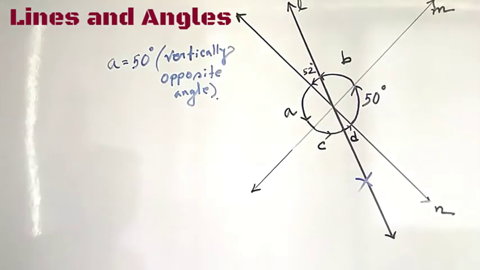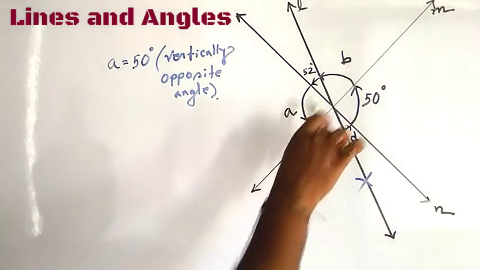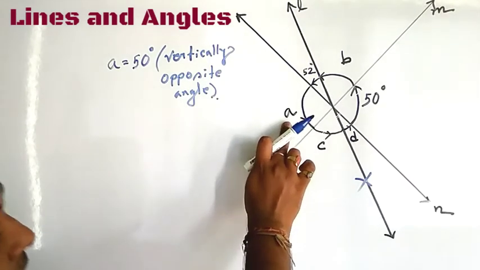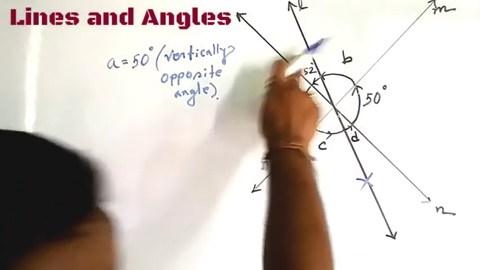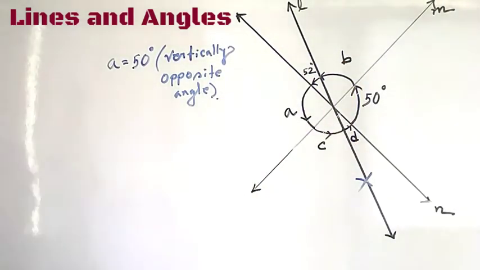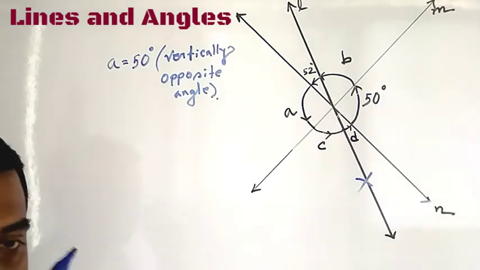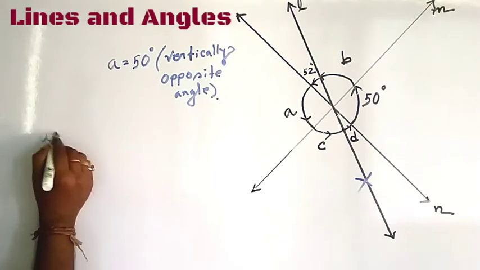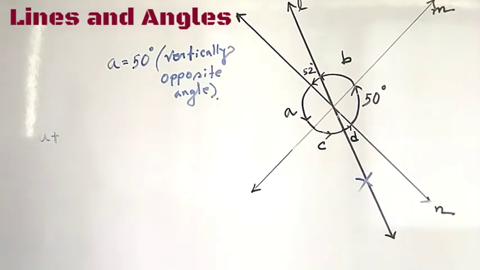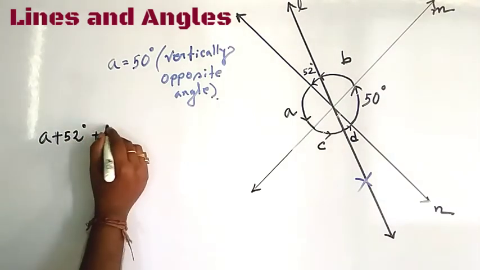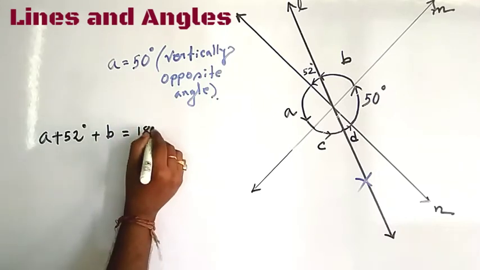Okay. Now see line M. In this line, which angles are situated here? A, 52 degree and B. These three angles make 180 degree, because we know that adjacent angles on a straight line make 180 degree. So write A plus 52 degree plus B equals 180 degree.